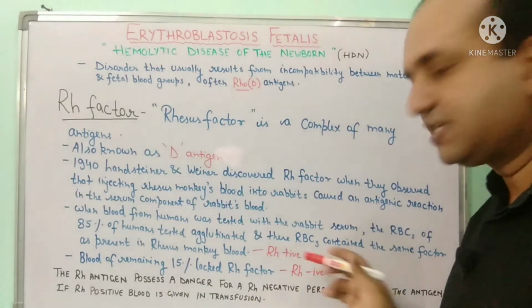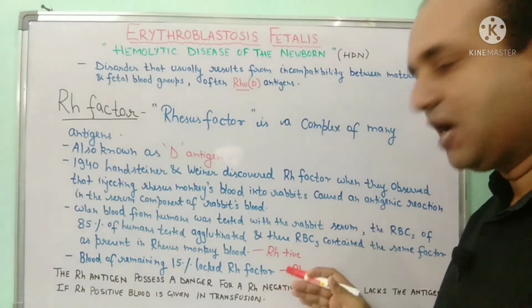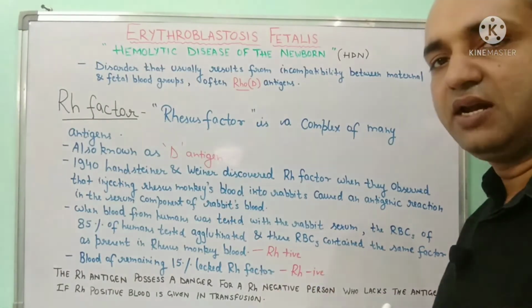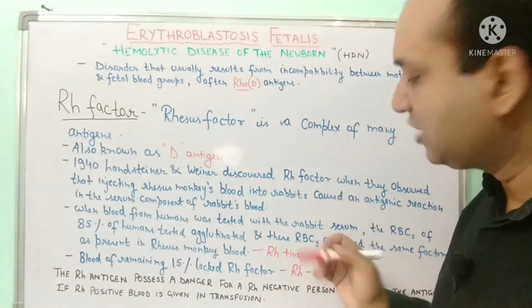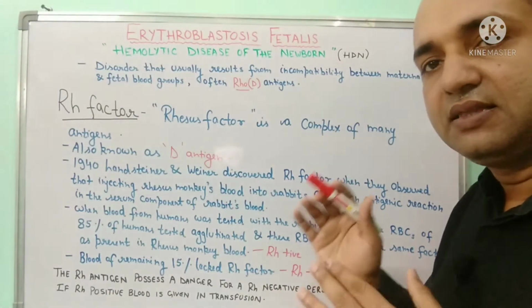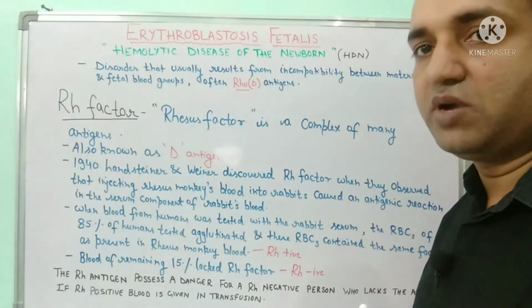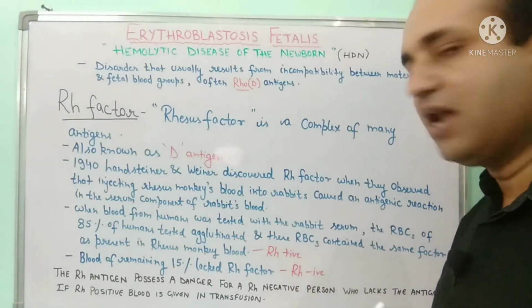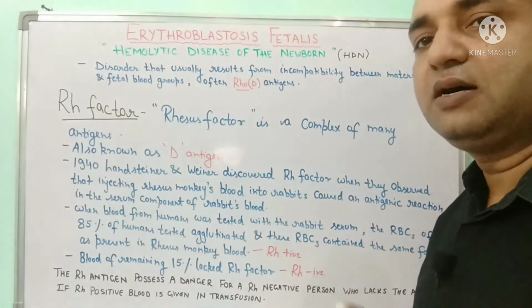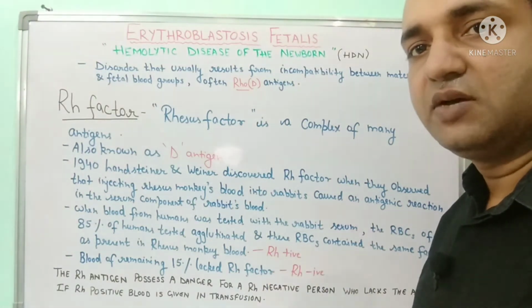So this is the difference: the Rh positive person has the Rh antigen in its blood, whereas the Rh negative person lacks the Rh antigen.